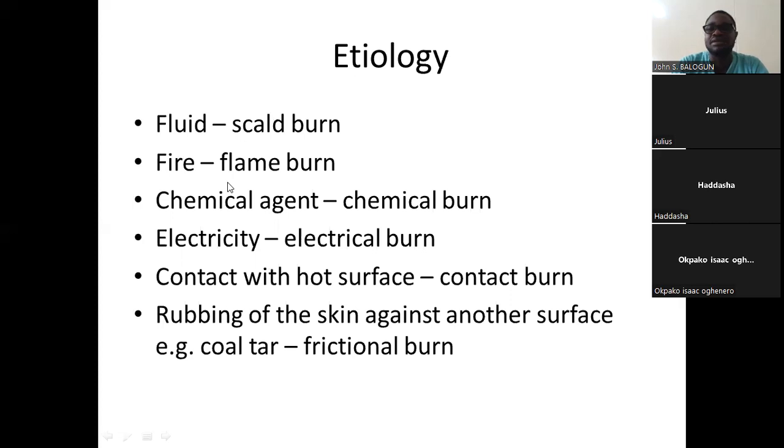When it's caused by a chemical agent, it's called a chemical burn. When it's caused by electricity, it's called an electrical burn. When it's caused by contact with a hot surface, it's called a contact burn, such as burns from an exhaust pipe on an Okada. When it's caused by rubbing of the skin against another surface, such as the coal tar during an accident, it's called a frictional burn.